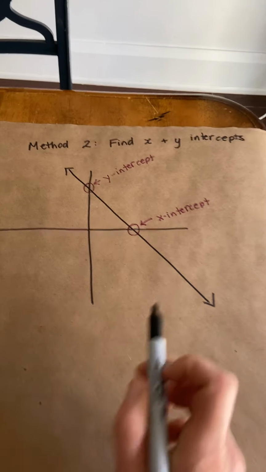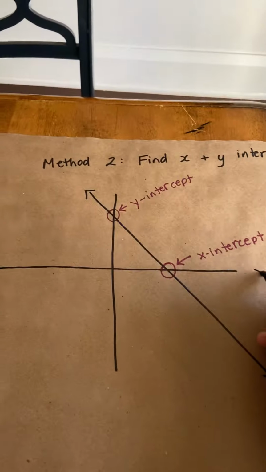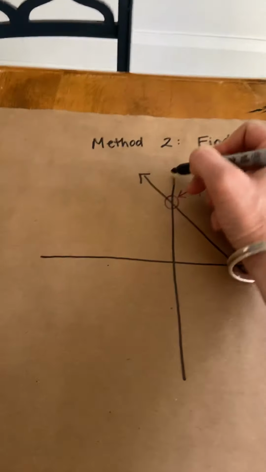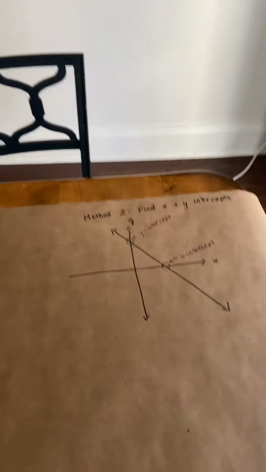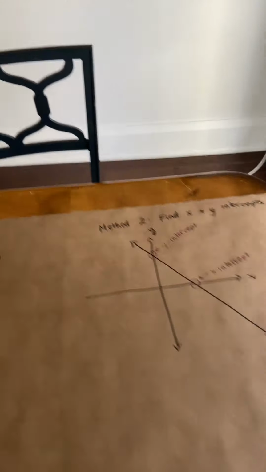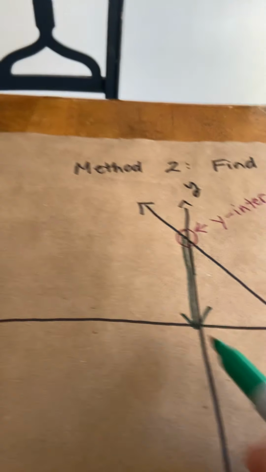Remember that the x-intercept is where it touches the x-axis, and the y-intercept is where it touches the y-axis. What I want you to notice, I'm going to get a different color of marker here. When I'm at my y-intercept, I go down to my x-axis.